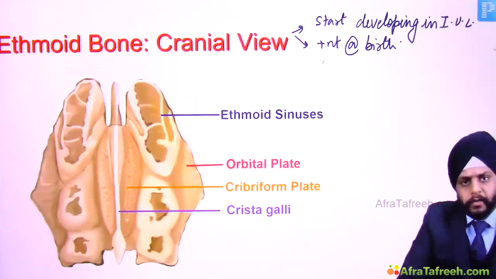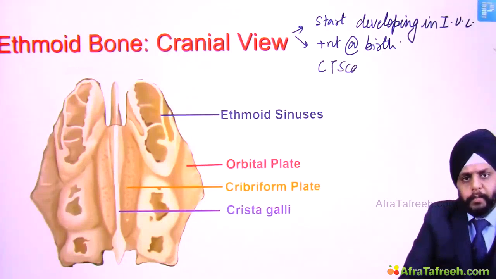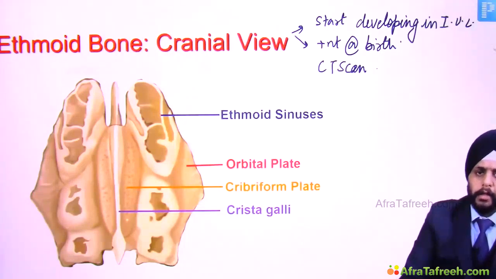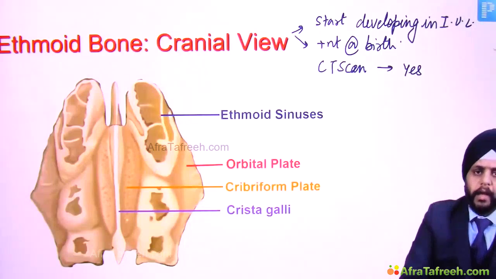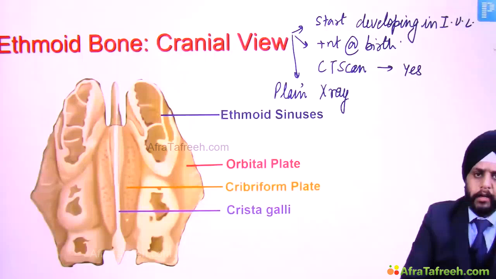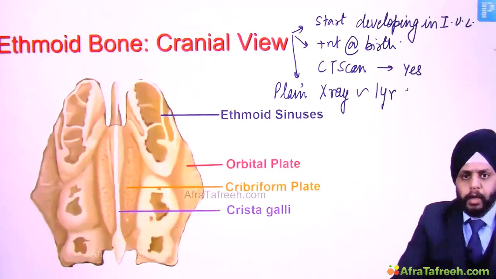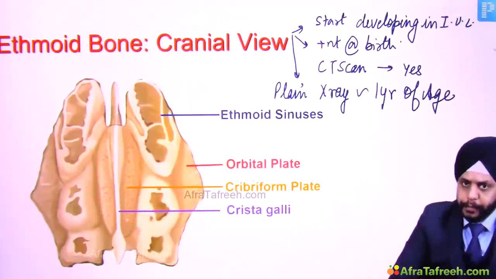So if I do a CT scan, will they be present at birth? Yes, they will be present on CT scan at birth. When can I see them on a plain X-ray? I can see them on a plain X-ray by 1 year of age.